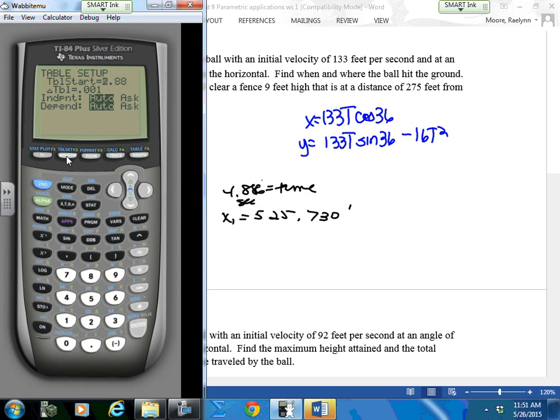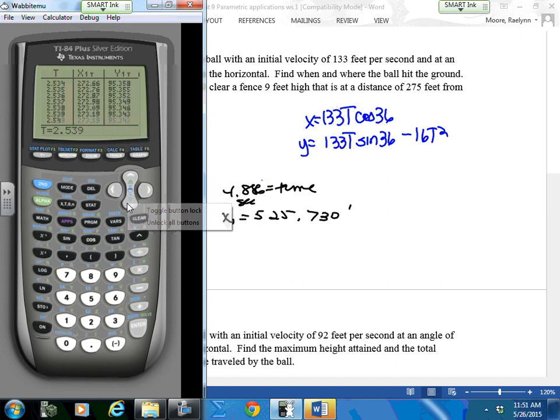Sometimes you see it right on there. What did I say, 2.5? Okay, so I want this to be 275. So here's 275.